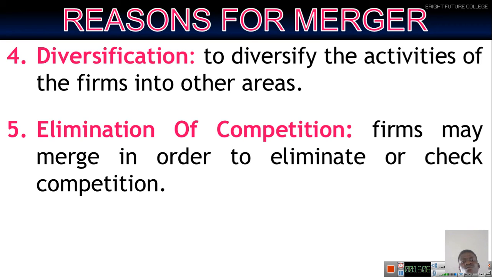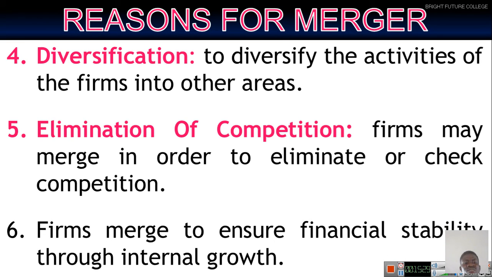We have elimination of competition, especially if we are looking at a cartel. When five or more independent organizations of similar products come together, they jointly make decisions, and with that there will be no competition. You know, competition leads to wastages.